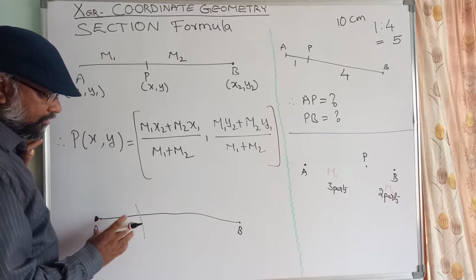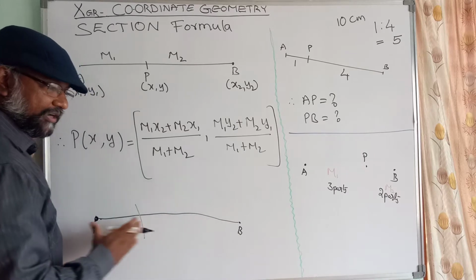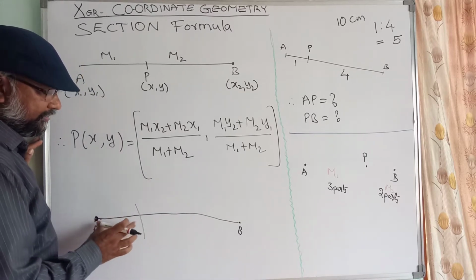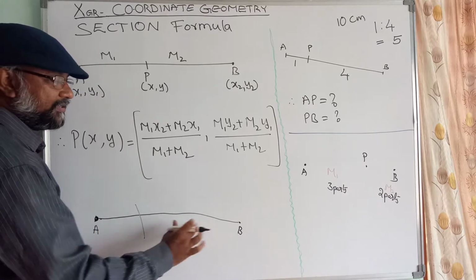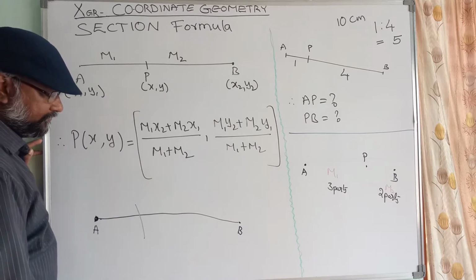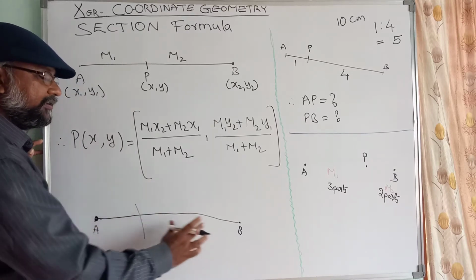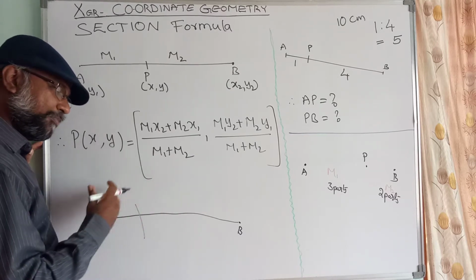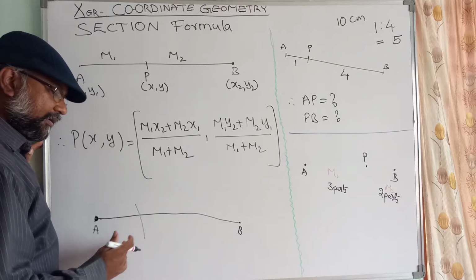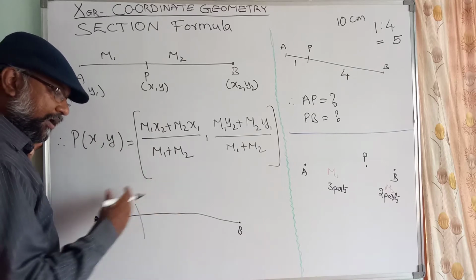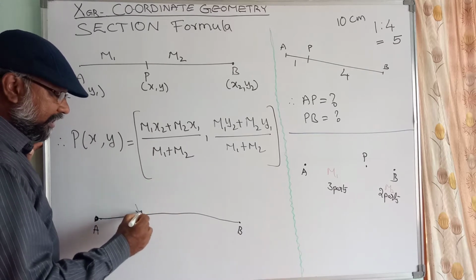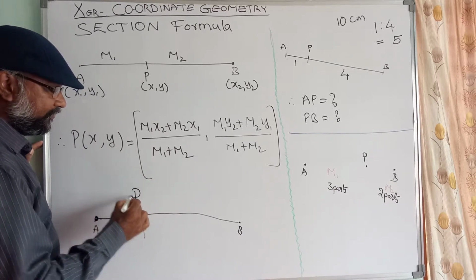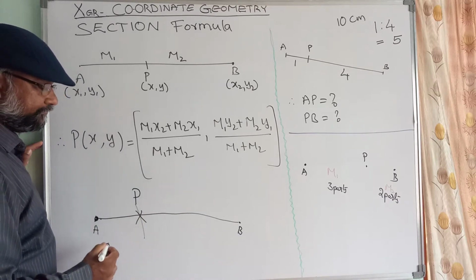Maybe if it is 10 centimeters, this may be 3 centimeters, this may be 7 centimeters, or 5 centimeters and 5 centimeters. Likewise, we are going to separate the parts with a point. There should be a point.